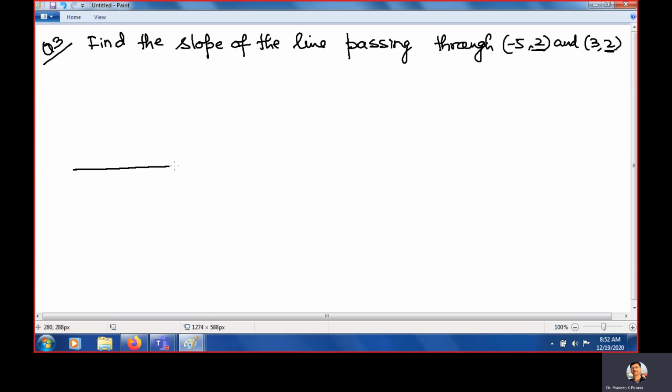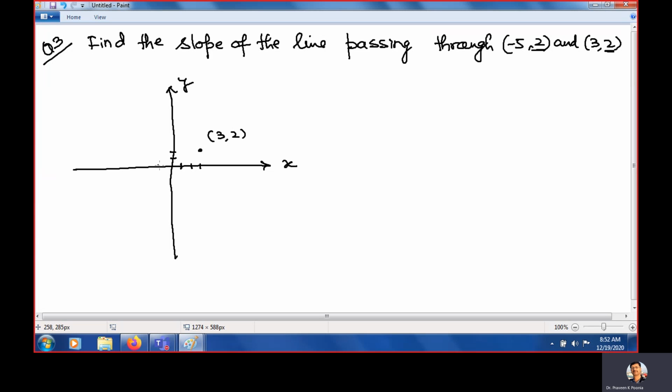Okay. So the x-axis and the y-axis. X-axis, y-axis. So what is the point? 3, 2. 1, 2, 3, 1, 2. So this is 3, 2.